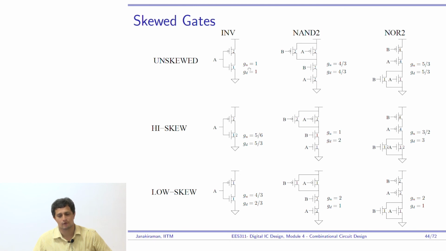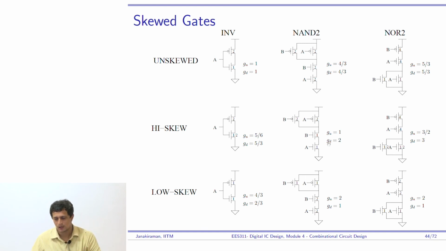Pull up logical effort is 1, pull down logical effort is 1. NAND 2: pull up logical effort is 4 by 3, pull down is 4 by 3. NOR 2: 5 by 3, 5 by 3. Right? The top row is an unskewed gate. High skew inverter, we saw the logical effort is 5 by 6 for pull up and 5 by 3 for pull down.